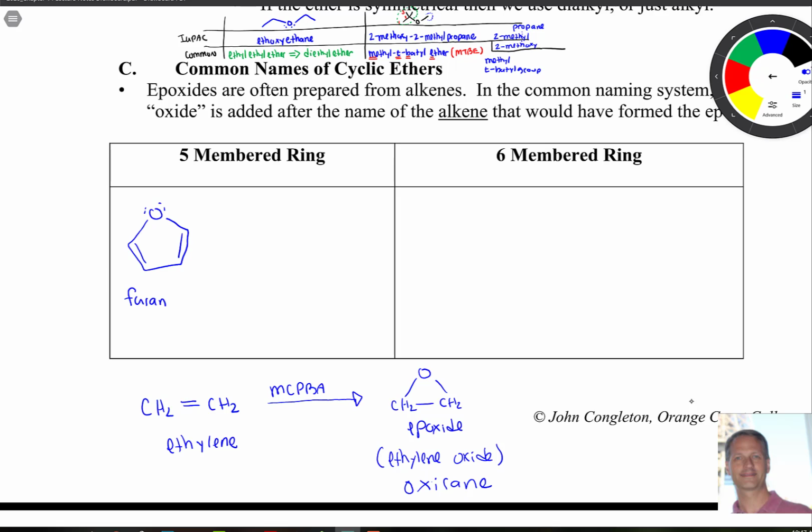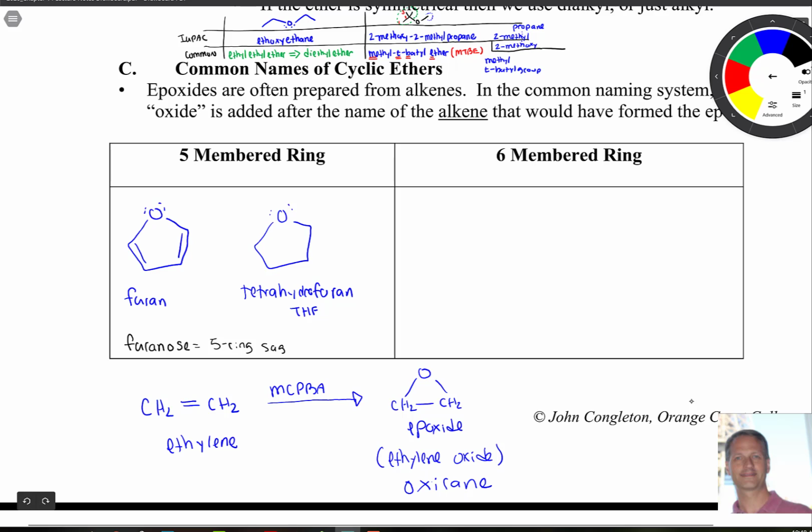If we take furan and we put 4 more hydrogens across this, so put an H here, an additional H at each position there, we get this guy, which is tetrahydrofuran. That's THF. And then next semester, we'll see that if you have a 5-membered ring that's part of a sugar, they're called a furanose.